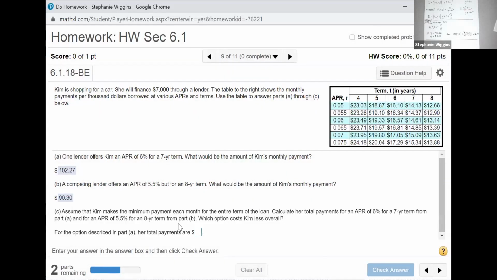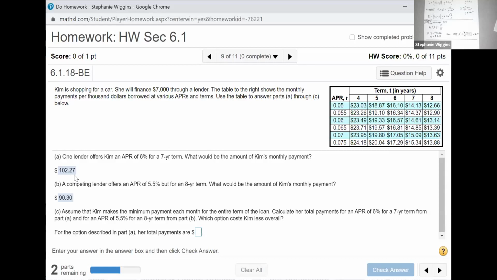Okay, now I'll let you do the rest, but what they're going to ask you to do now is to calculate her total payments from the start to the end of the loan. And over the first part A right here is over 7 years. So if you multiply by that 12, because you've got 12 months in a year, you're going to take this monthly payment, and she's making that payment for 84 months.